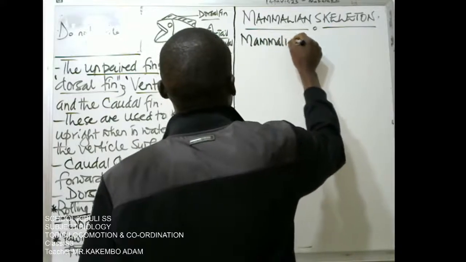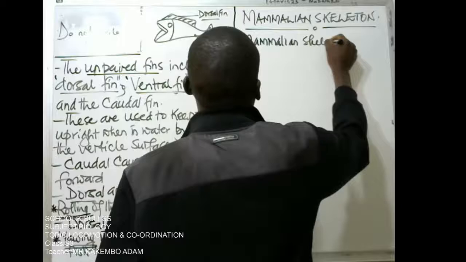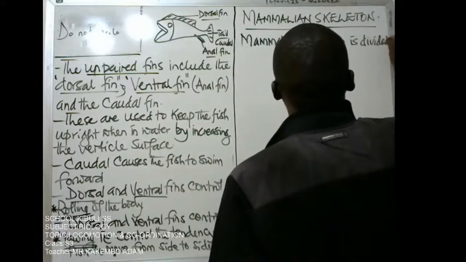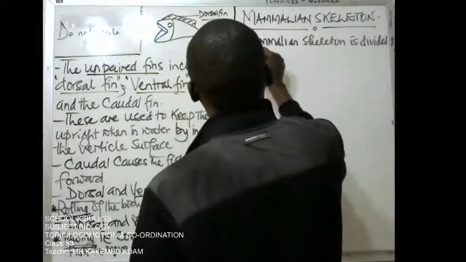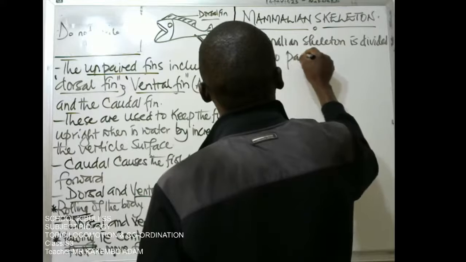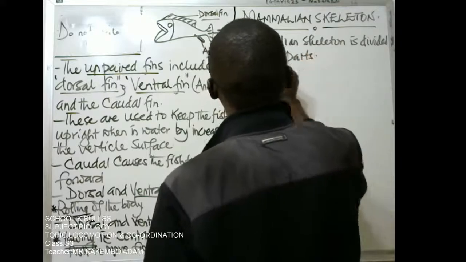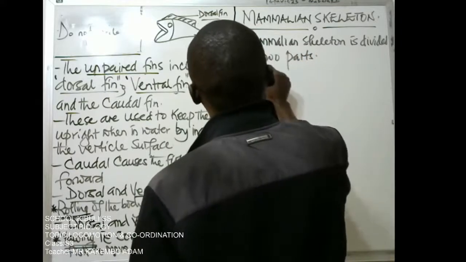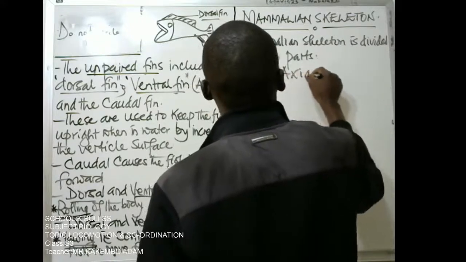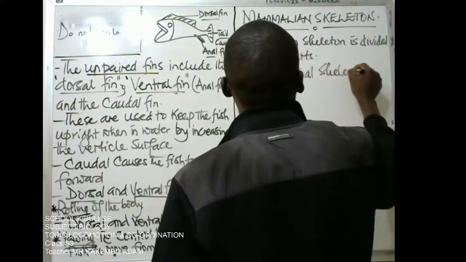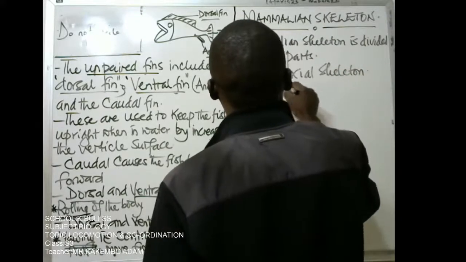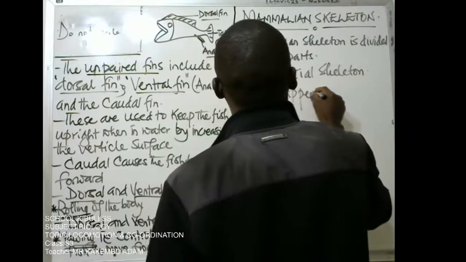The mammalian skeleton is divided into two parts, i.e., the two parts are: one, the exoskeleton, and two, the appendicular skeleton.